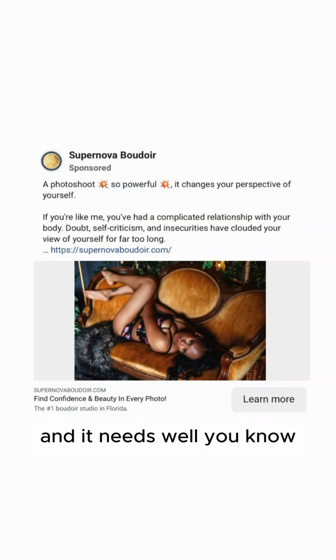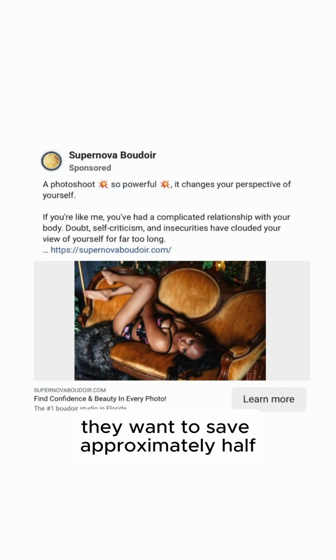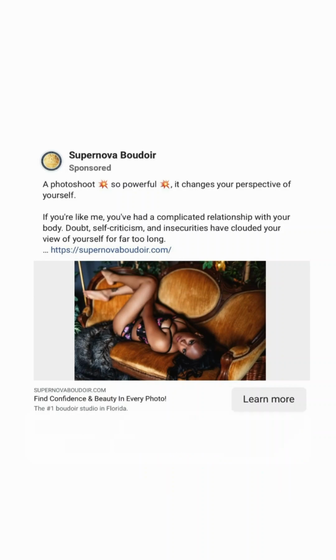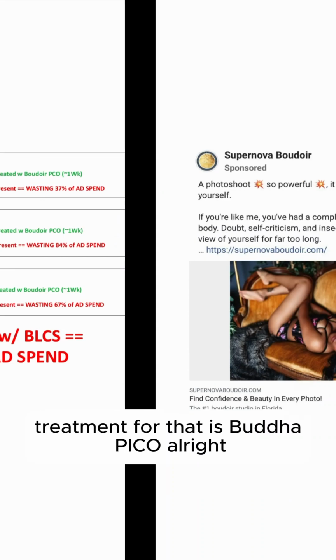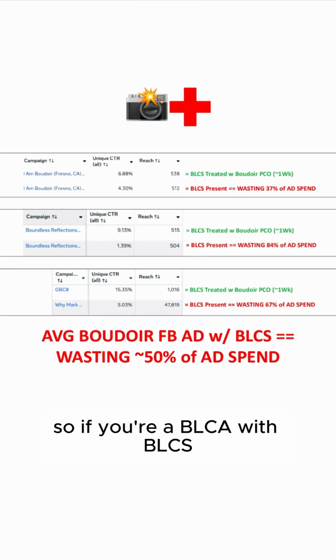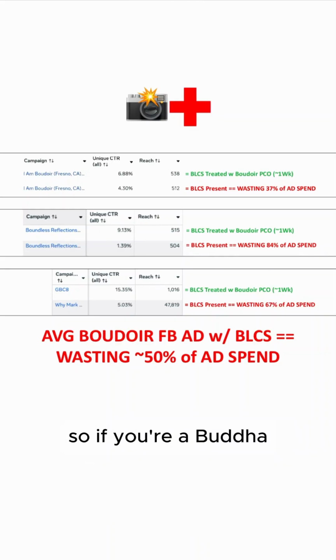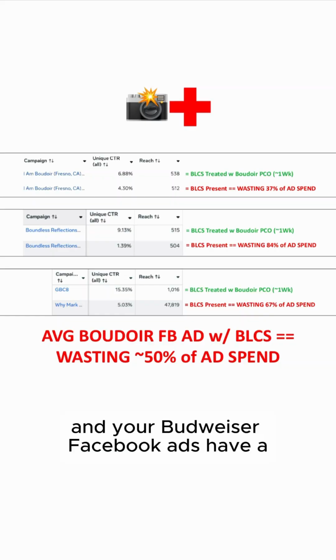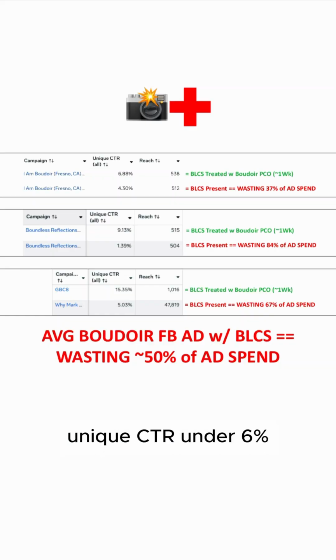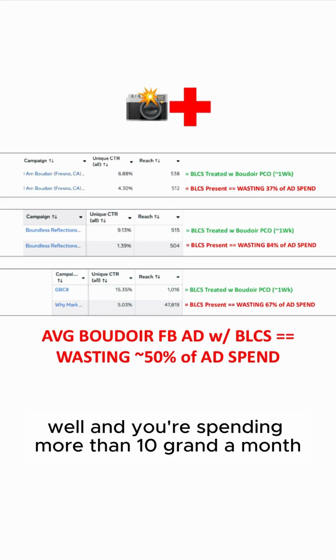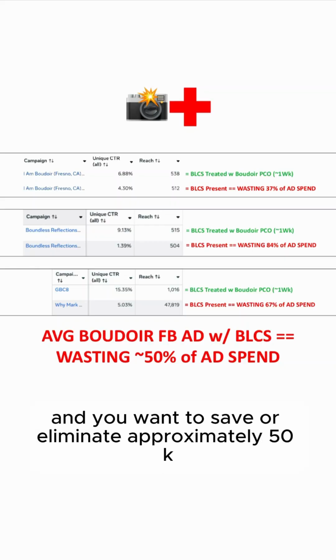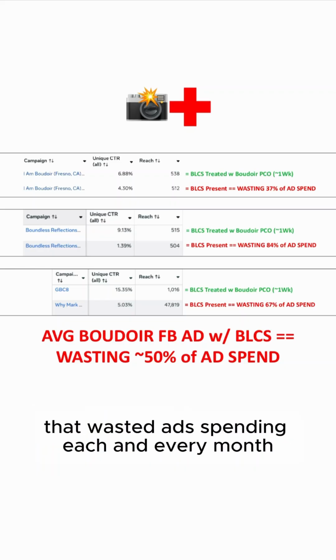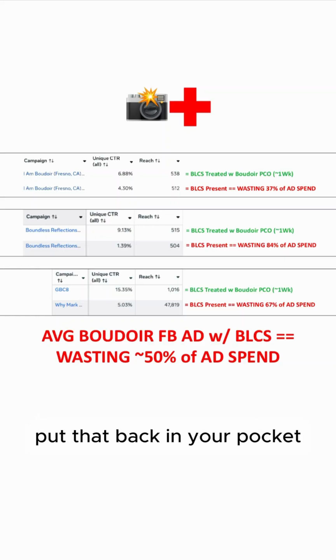and if they want to eliminate approximately half their wasted ad spend, treatment for that is Boudoir Pico. All right, so if you're a BLCA with BLCS, so if you're a Boudoir low click advertiser with Boudoir low click syndrome, and your Boudoir Facebook ads have a unique CTR under 6%, and you're spending more than 10 grand a month in Boudoir Facebook ads, and you want to eliminate approximately 5K of that wasted ad spend each and every month, put that back in your pocket.